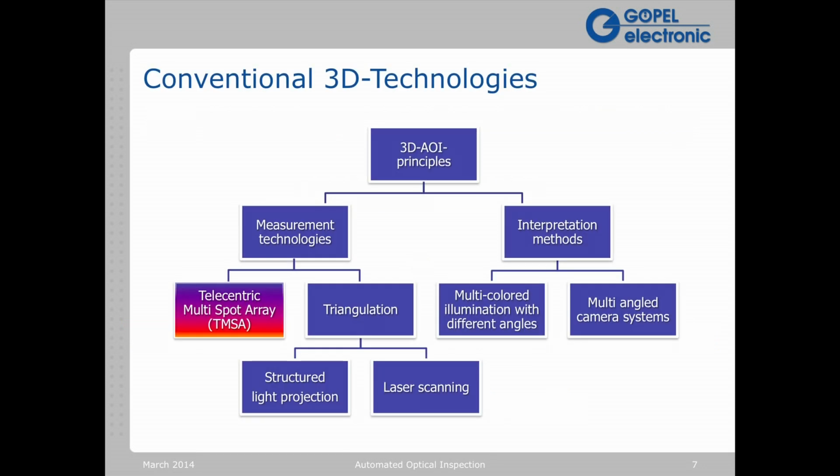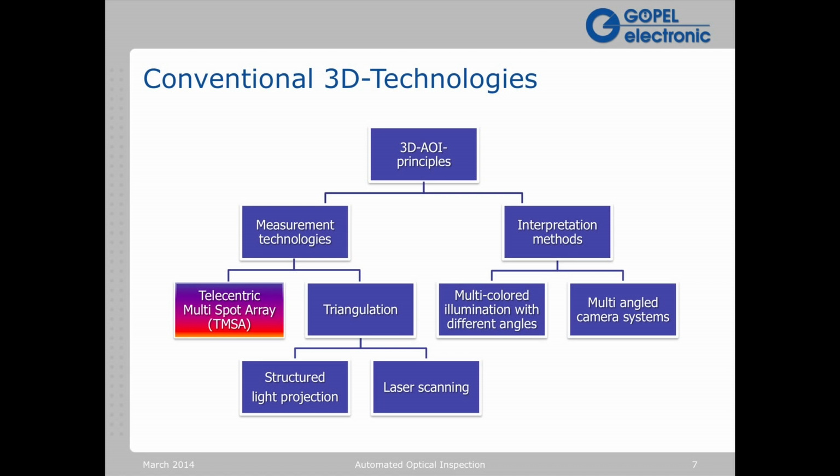Existing systems are primarily based on various interpretation methods. These use either multicolored illumination or illuminations with different angles in combination with multi-angled camera systems. Most of these systems rely on various forms of triangulation.